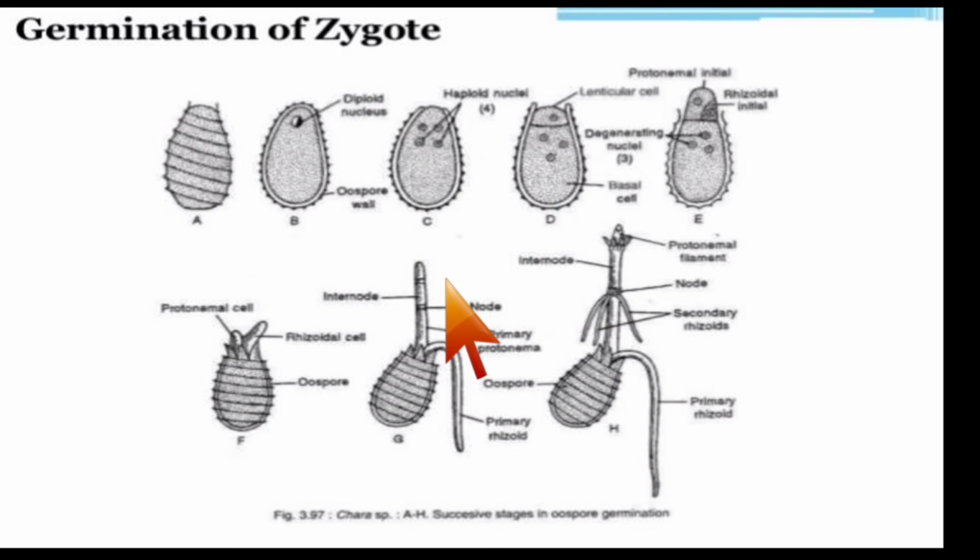So all these show that Chara has a marked advance in all these features, the organization of the vegetative structures, as well as a great elaboration in the sexual reproductive organs, as compared to other members of Chlorophyceae.